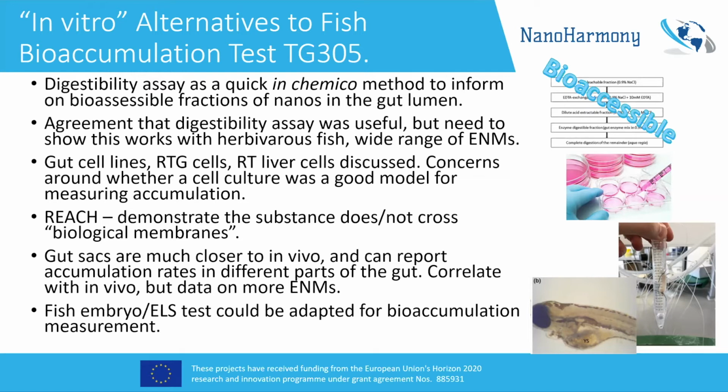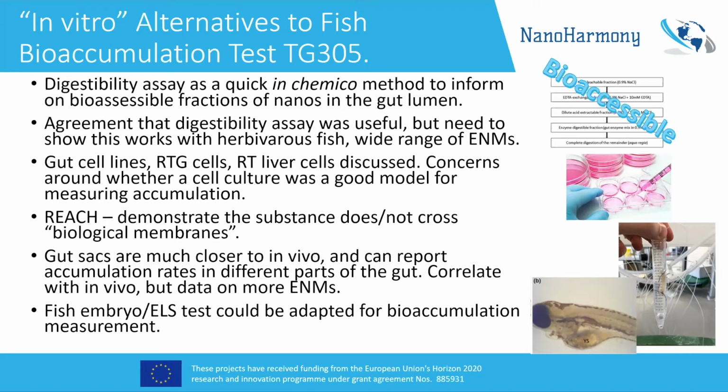In Plymouth, we'd been working on a digestibility assay for a few years now that is a quick in-chemical method for measuring the bioaccessible fractions of chemicals, and we've used this for nanomaterials. The idea is you take the animal feed and you digest it in a simulated gut digestion, and then you get some bioavailable fraction.